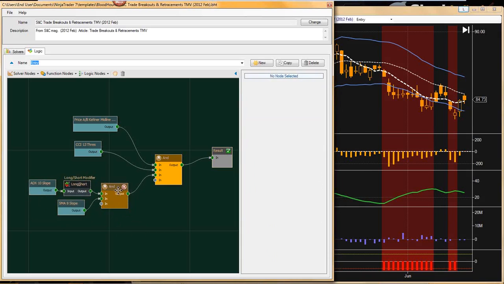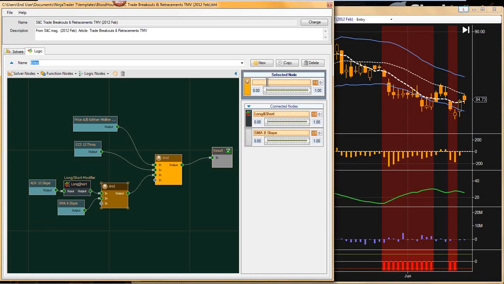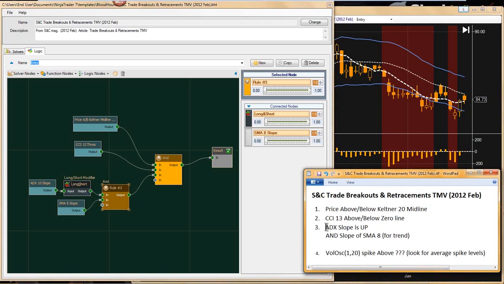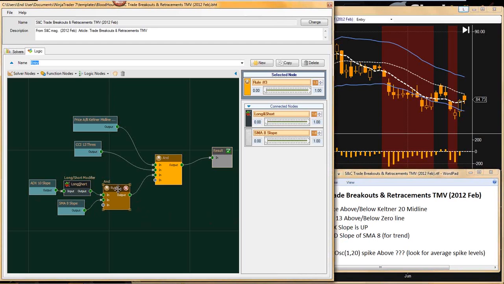Because I can then go, well, what should I call it? I'll call it rule number 3. So I know this AND node is rule number 3, and if I look at how I've got things written out, rule number 3 here. So if you like grouping your logic the same way you might have your rules written out, this is perfectly fine as well.